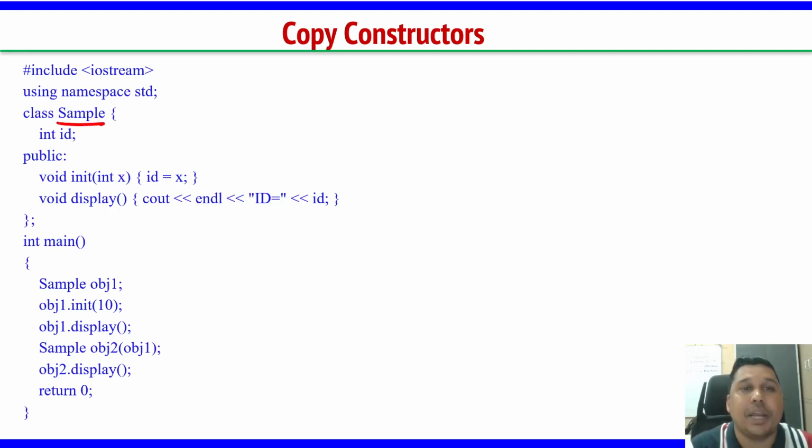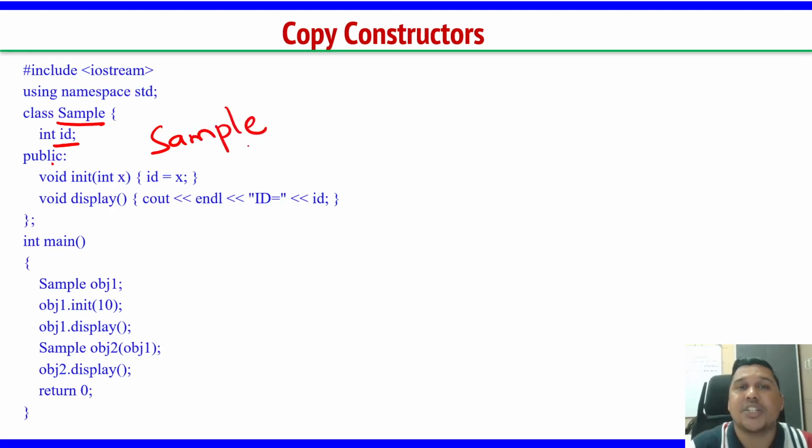There is a class sample, there is a private member ID. So in public, what is the class name? Sample. See, did I define any constructor with a name?